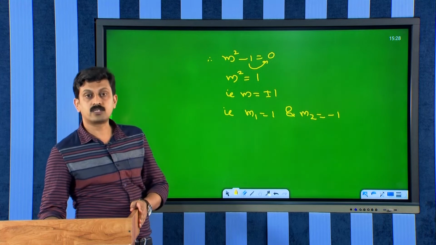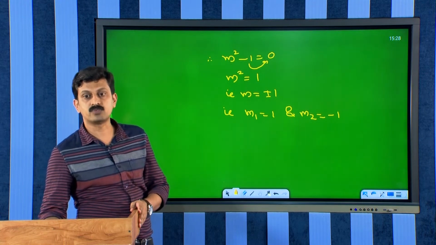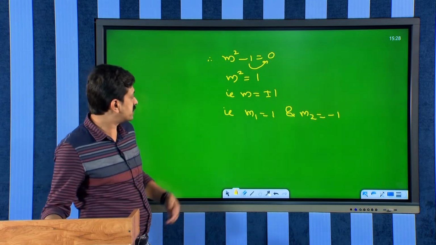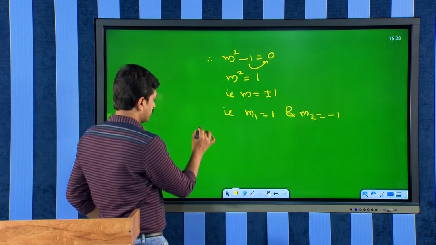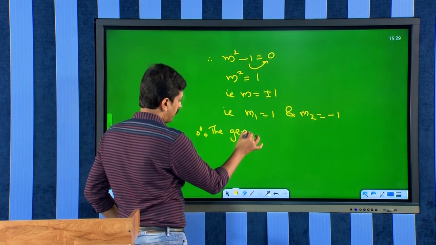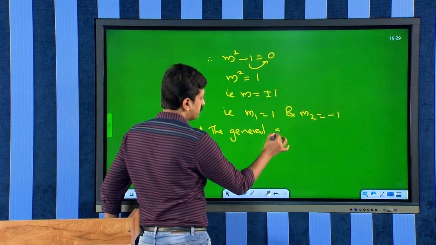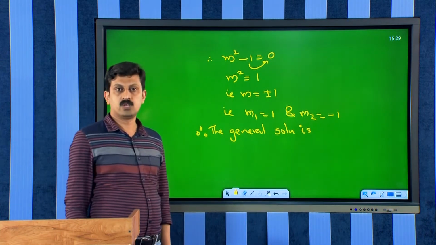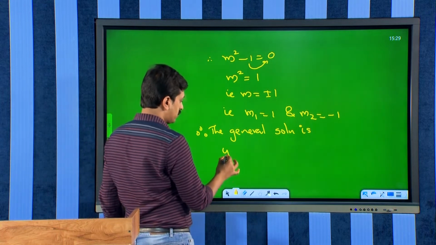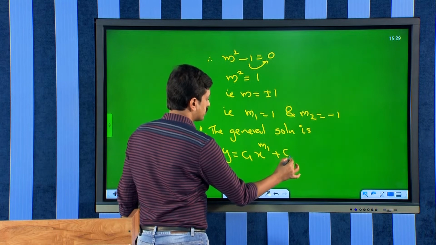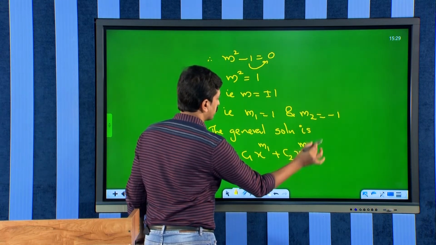So, dear students, we found the values of m1 and m2, therefore the general solution is y is equal to c1 x raised to m1 plus c2 x raised to m2.